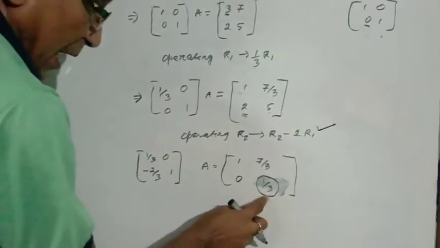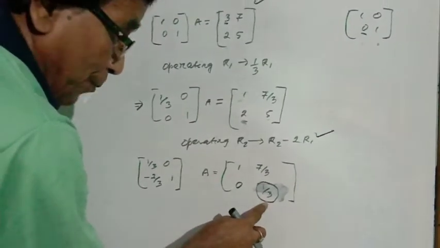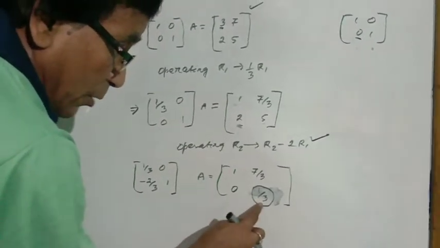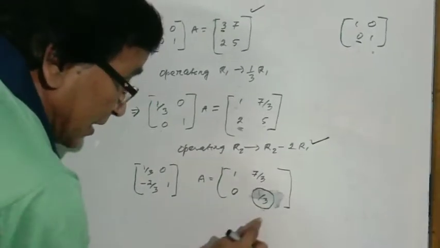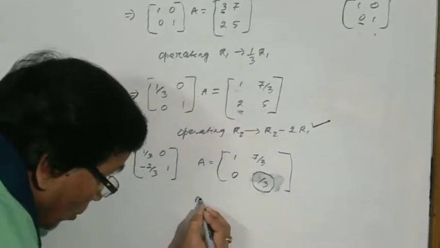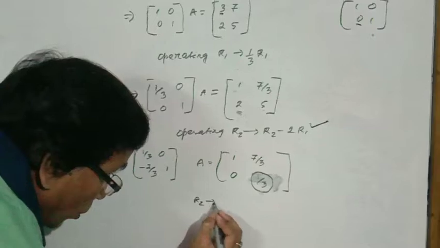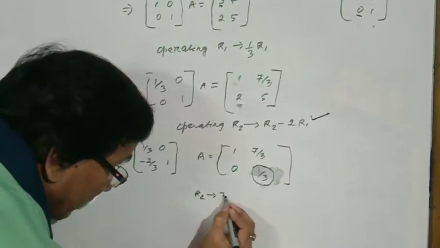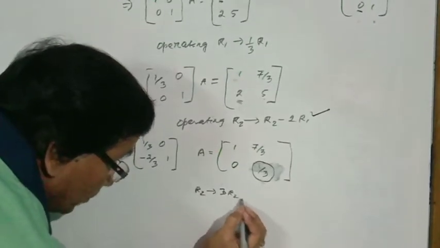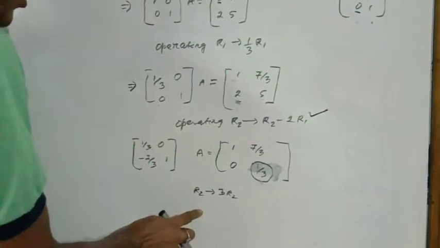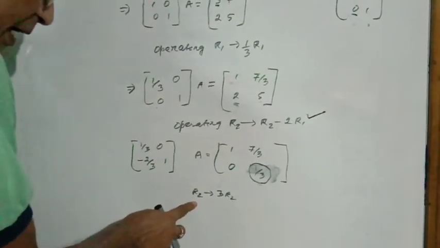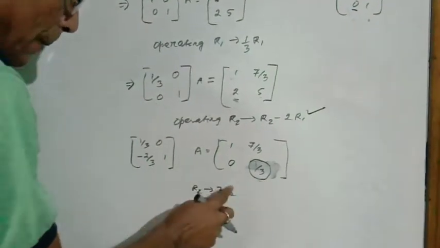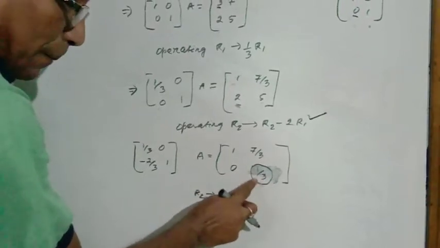That should be converted to 1. So how can you convert it into 1? By multiplying row 2 by 3, replacing second row as 3 times second row, that means here it will be 1.